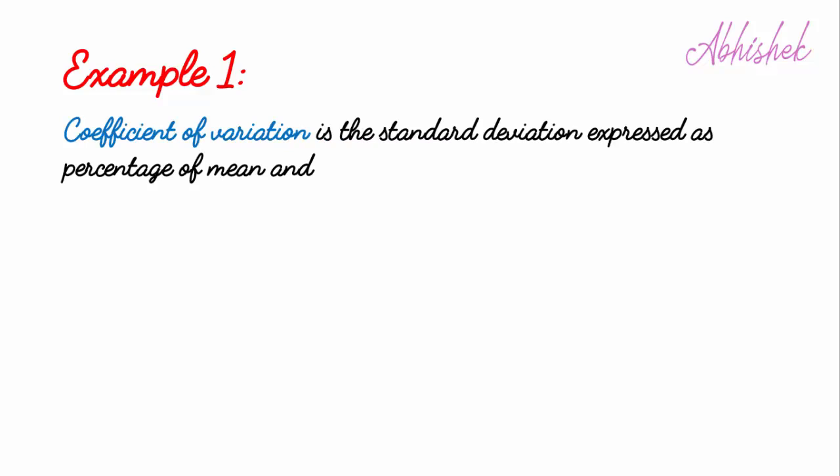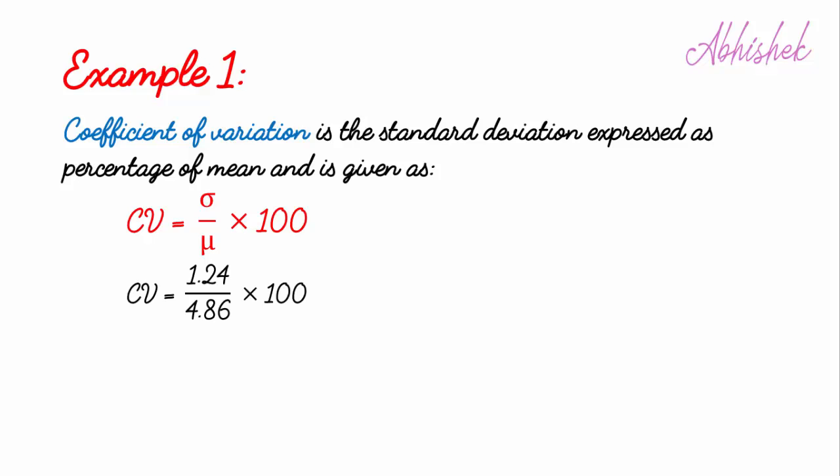Let's discuss the last type of measure of dispersion, that is coefficient of variation, which is nothing but standard deviation represented as a percentage of mean. Therefore, the formula for coefficient of variation is given as standard deviation divided by mean into 100.